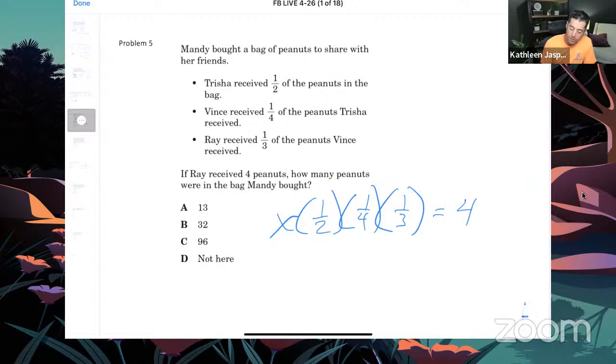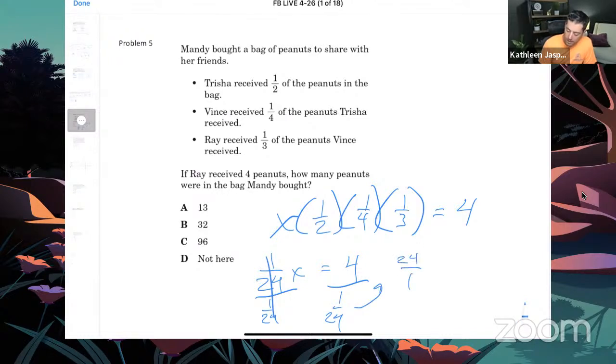So now we do 1/2 times 1/4 times 1/3. So it's going to be 1/24 x is equal to 4. So we're dividing by a fraction. And when we divide by a fraction, you take its reciprocal. So it's 24 over 1.